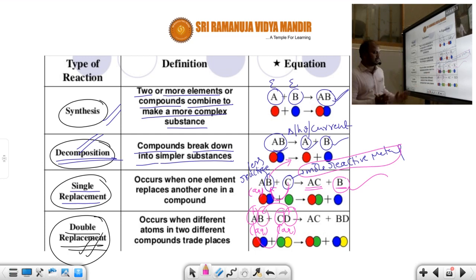That's why they exchange their radicals, trade their places, and form new aqueous salt solutions. This is called a double decomposition or double displacement or replacement reaction.